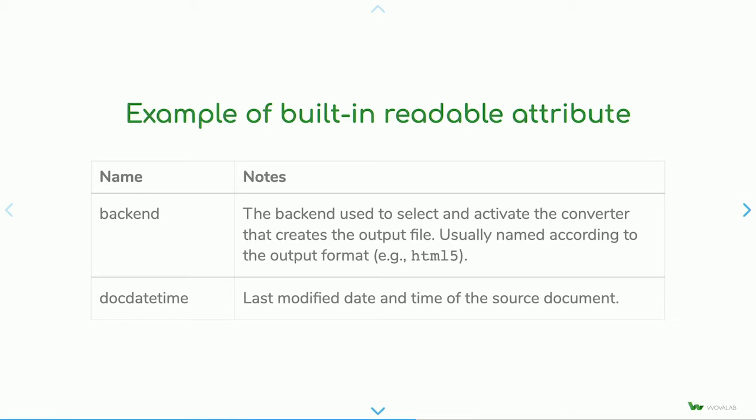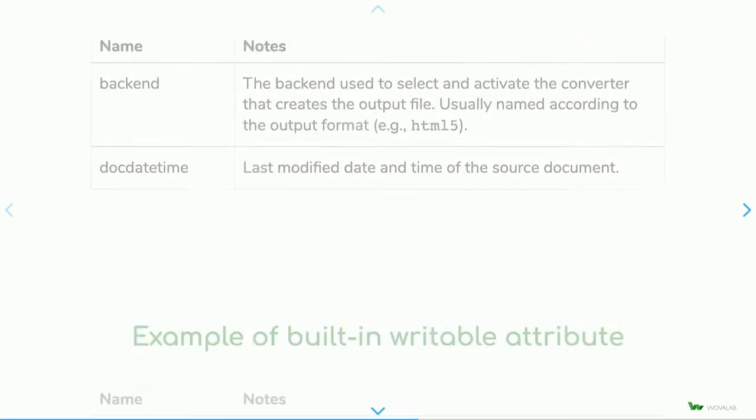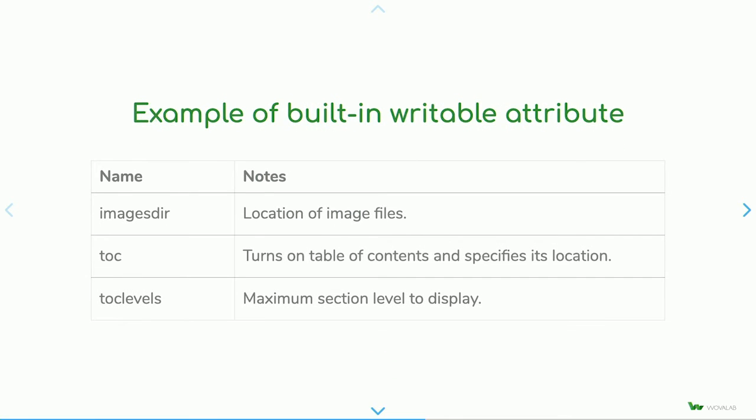So you know if you are processing the Asciidoc file using the HTML backend or the PDF backend, for example. You have the last modified date and time of the document. And you have writable attributes. There are many of them. I'm just showing you 2 or 3 of them.